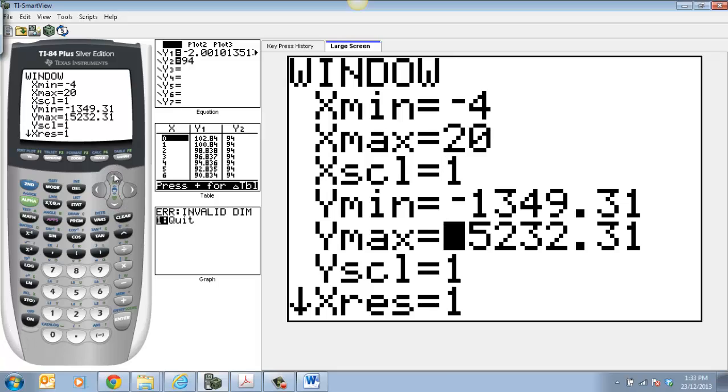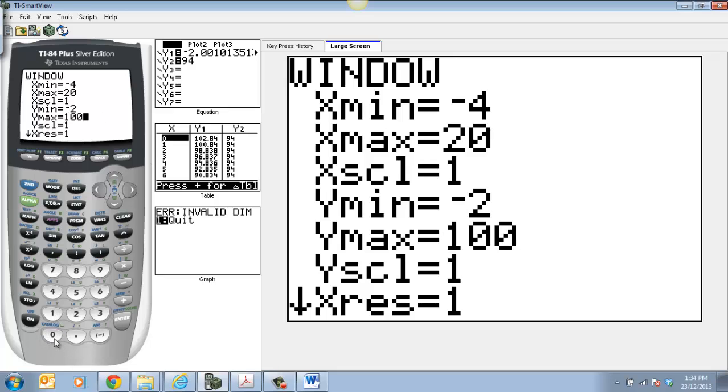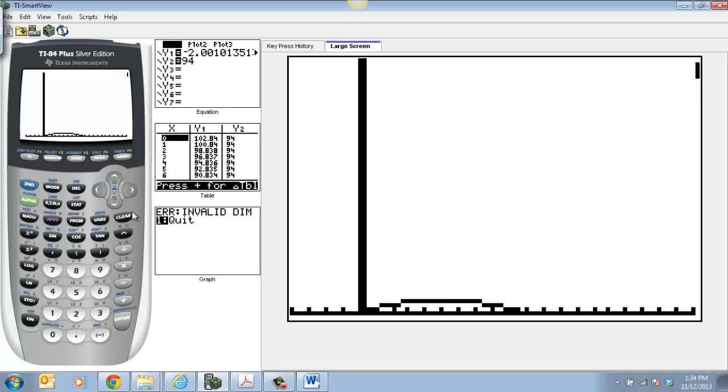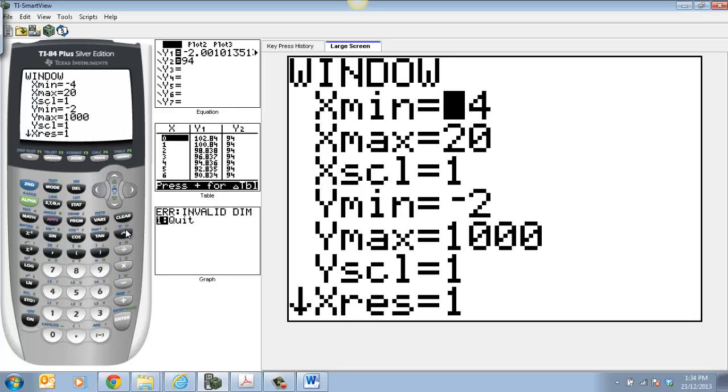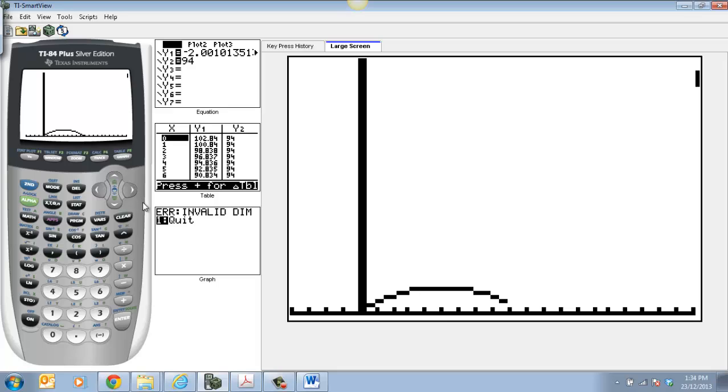So let's make our y value min maybe -2, and let's make that about 1,000. That definitely cover it if we made it 1,000. So if I graph that now, you can see obviously it's going to a maximum there. Obviously I can make my y value a little bit smaller. Let's make that say 500 and graph that, and you get a better representation.